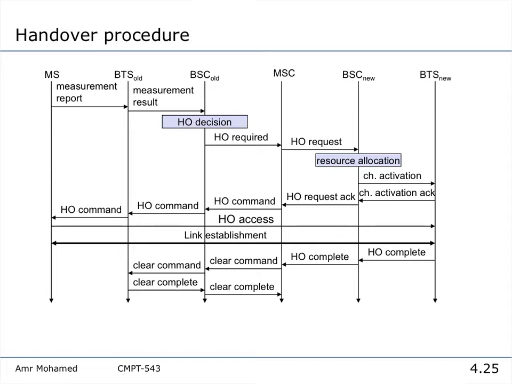Remember, there's no interruption to the voice call. So until this point, the old one is still working, and then you can switch to this link and dismantle the old one. If the MSC rejects the handover, it sends a negative acknowledgement to the old BSC. So in that case, it doesn't want to perform the handover at this point.